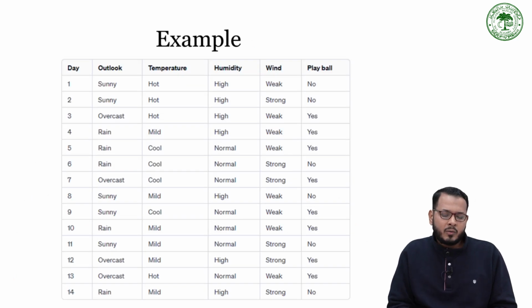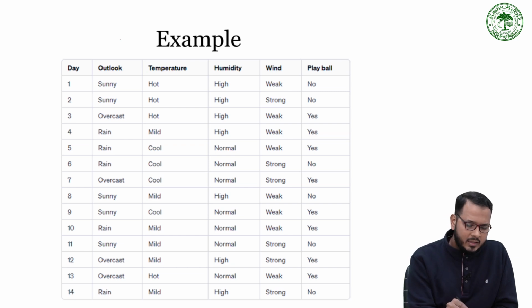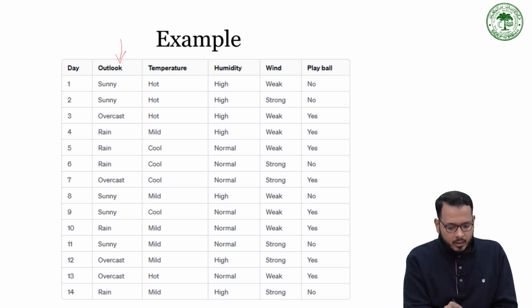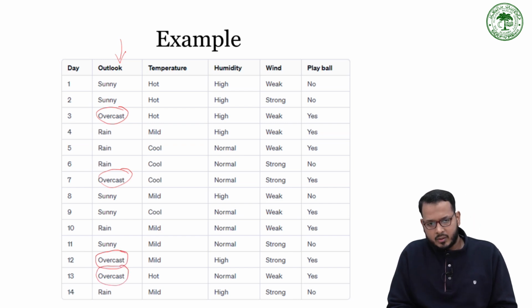It is important to note that when we said that outlook is overcast, then the answer is always going to be yes. Let's try to understand from the same data set why this is the case. As we can see in the outlook column, we have 1, 2, 3 and 4 overcast values.